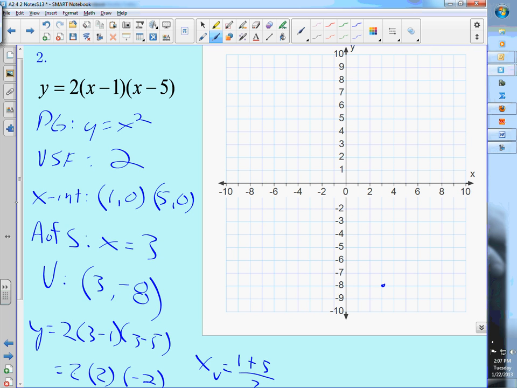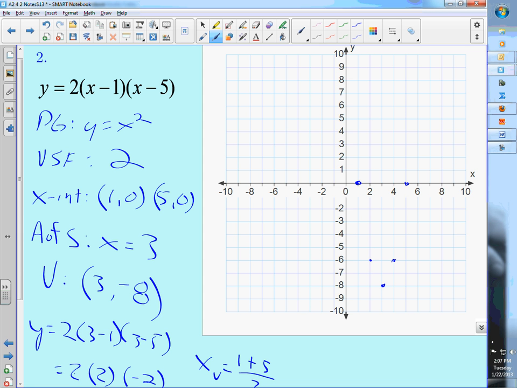We know that (1, 0) and (5, 0), we should be crossing the x-axis here. From the vertex, how do we get to our first point? Right 1, up 2. Right 2, up 8. Some of you are only doing vertical stretching on the first one, right 1 and left 1, and then you just abandon.